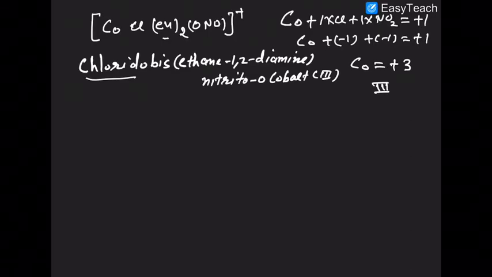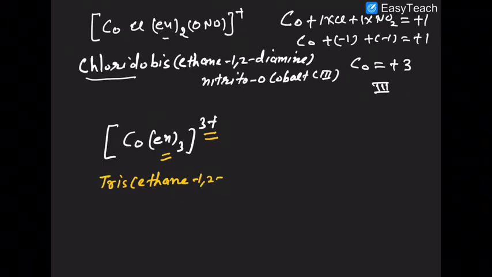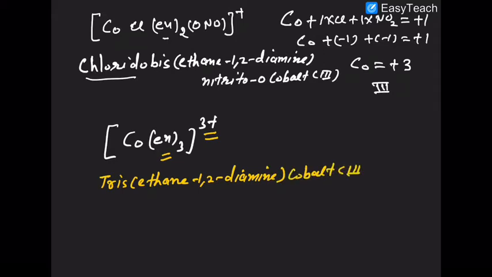Okay, sure. Here also you can see that en carries no charge because it is a neutral ligand. So the charge on the complex would be the charge on the metal ion. Okay, so it is tris(ethane-1,2-diamine)cobalt(III) ion.